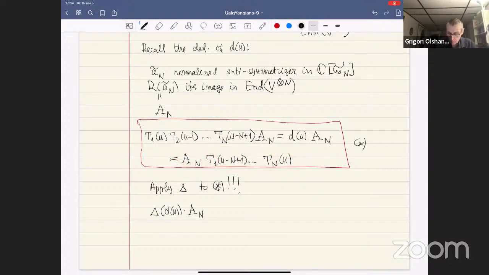More precisely, what we get, on the left we have this.